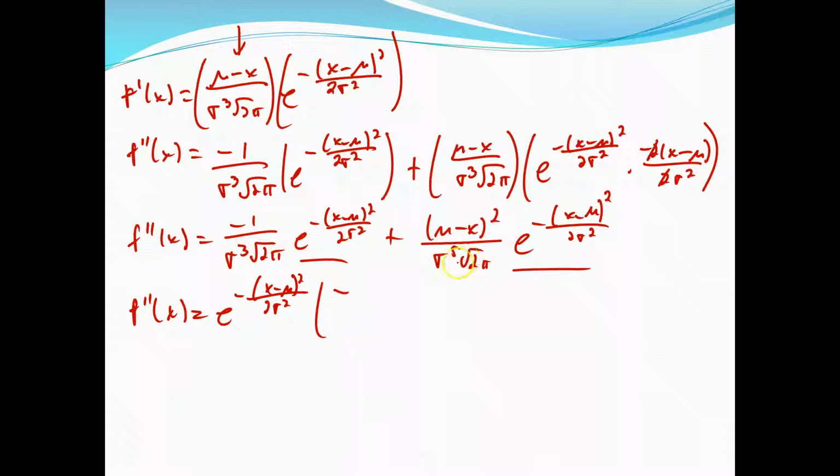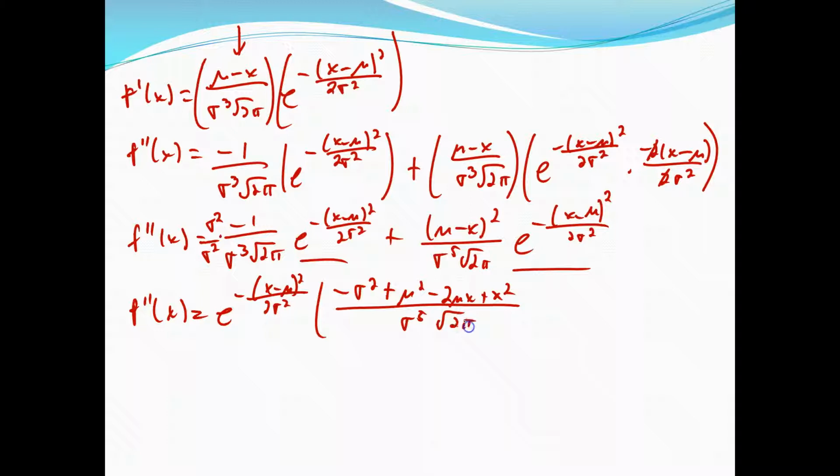To get a common denominator, I just need this sigma to be up to the 5th. So I'm going to multiply this by sigma squared on top and sigma squared on the bottom. That'll give me sigma to the 5th root 2 pi on the bottom. So I have a negative sigma squared plus, now I'm actually going to FOIL this out. So we have mu squared minus 2 mu x plus x squared, all divided by sigma to the 5th root 2 pi.